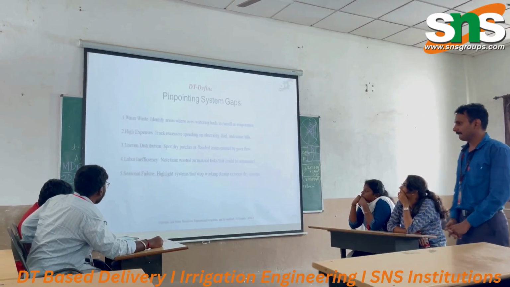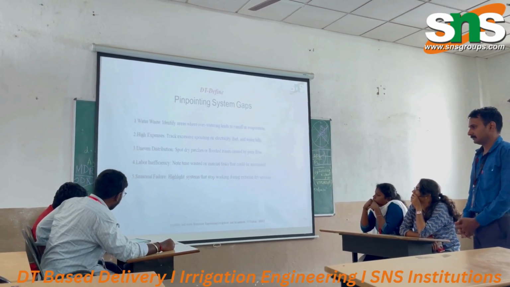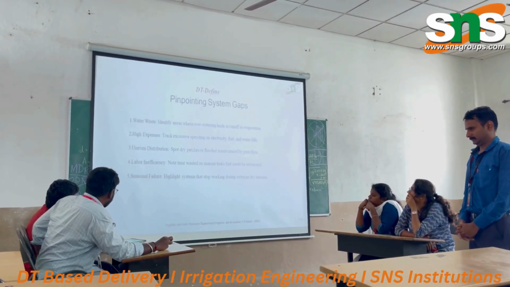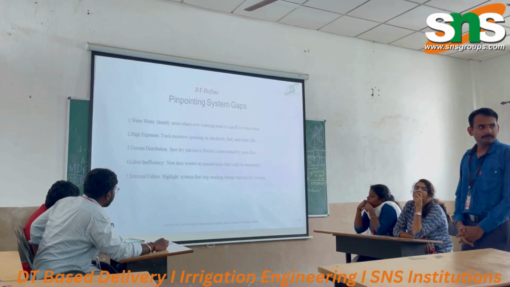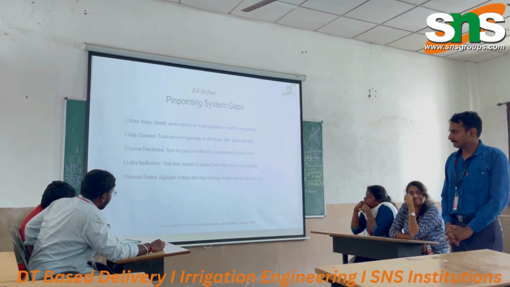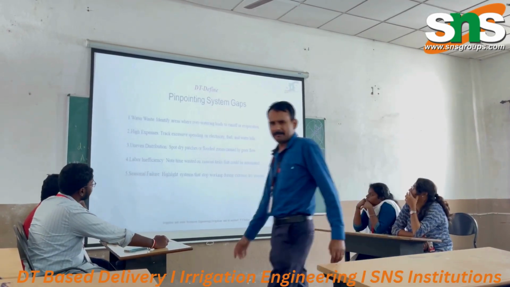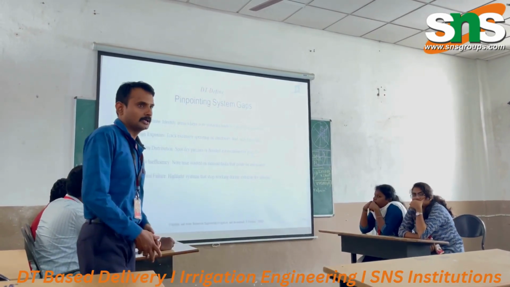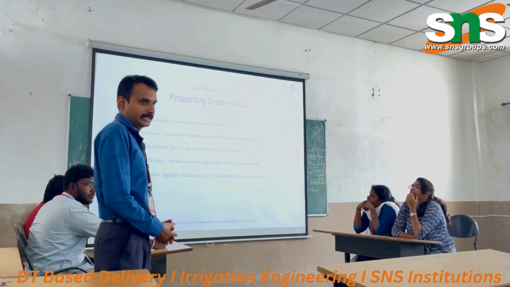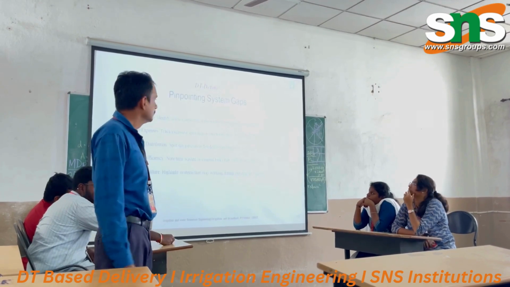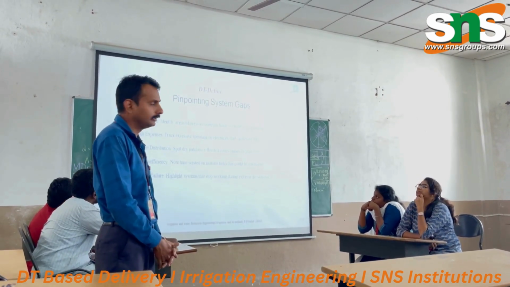Labor efficiency: note time wastage on manual tasks that could be automated. Seasonal failure: highlight systems that stop working during the extra dry season. The pain points are listed in the different stages, and the exact problem statement is framed based on the user needs and farmers' difficulties. So that is the concept behind the different stages of design thinking.